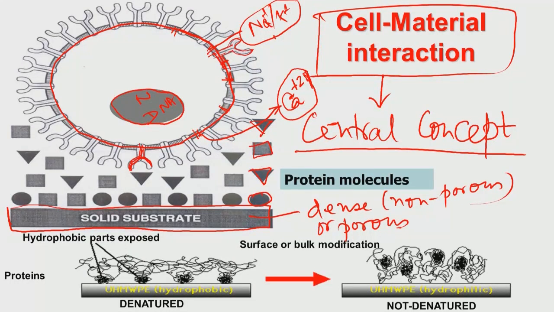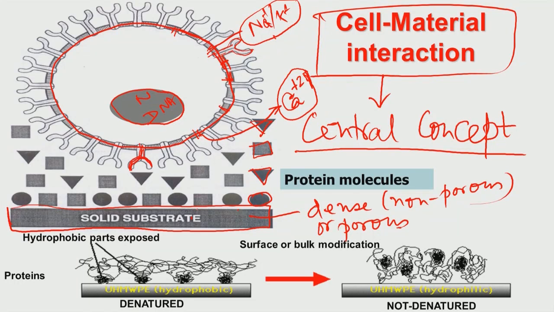Okay. Whatever the porosity or dense structure, proteins will get adsorbed to the solid substrate immediately after it is placed in a culture medium, or when it is implanted into animal tissue.